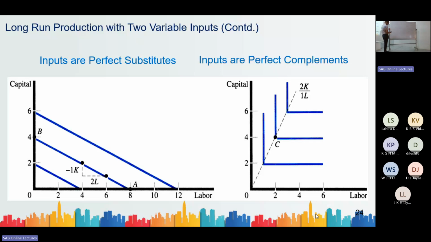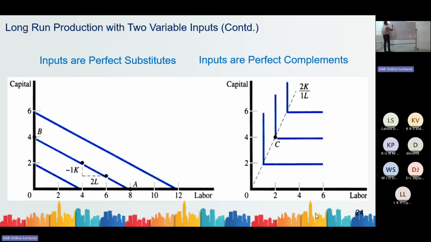Let me give another example. To produce, let's say, 1 kilogram of dessert, we can use 1 kilogram of yogurt or 1 kilogram of curd, or a combination of yogurt and curd.